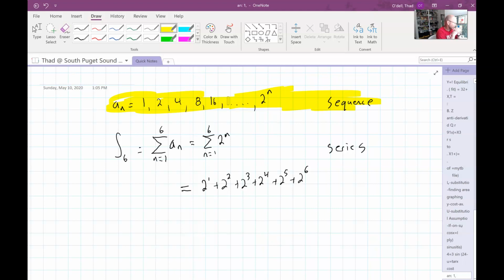So any term in the sequence can be determined by 2 to a certain power. In this case, it lines up nicely that the first term is 2 to the 0 power.